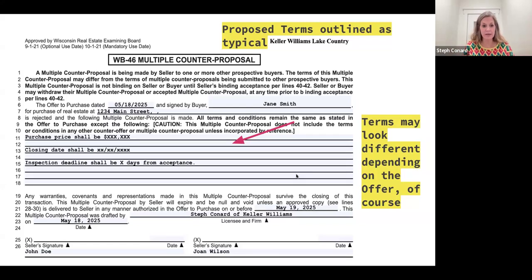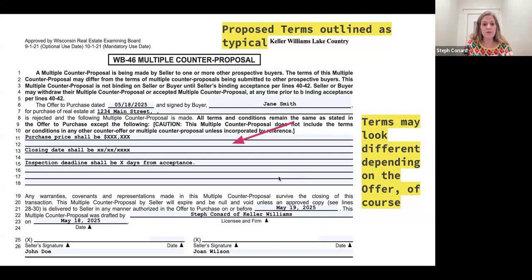The purchase price is X. The closing date shall be this date. The inspection deadline may be 10 days from acceptance versus 15 days that the buyer originally put in. So the seller is going to identify the terms that they want to counter, and you're going to lay them out between lines 10 through 18.